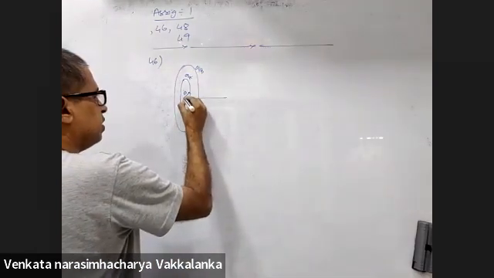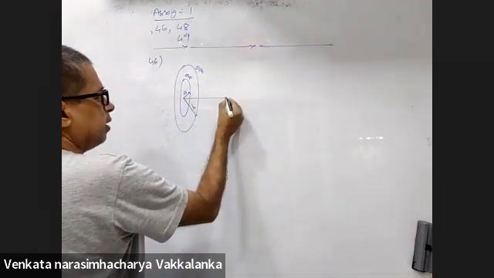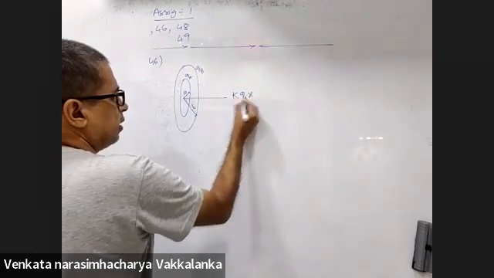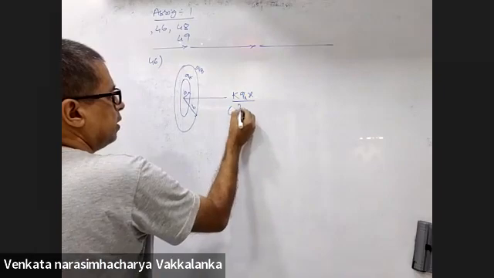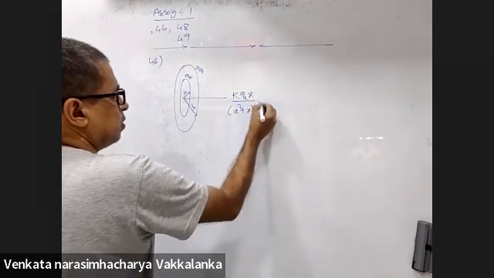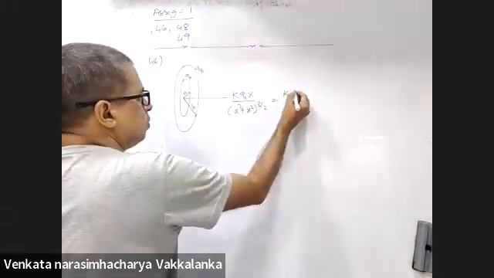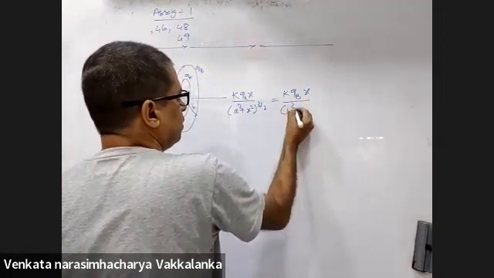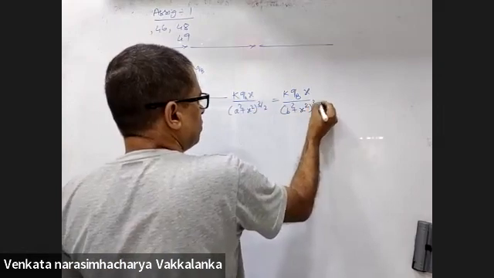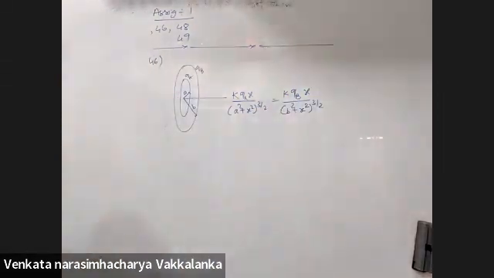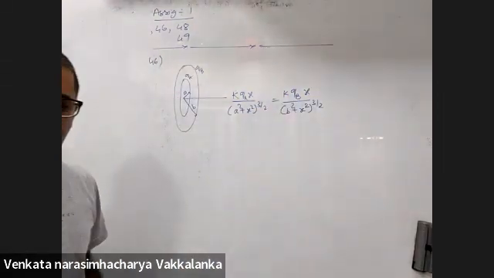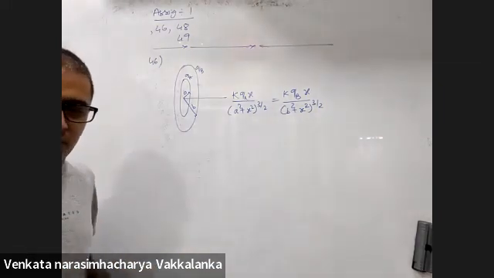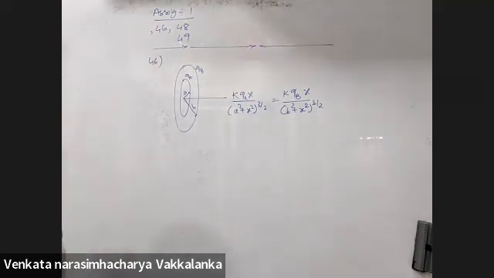This radius is A, this radius is B. K QA x upon A square plus x square to the power 3 by 2 should be K QB x upon B square plus x square to the power 3 by 2. Substitute QA and QB; both the fields should be equal and opposite for the net force at that point to be 0. Equilibrium.